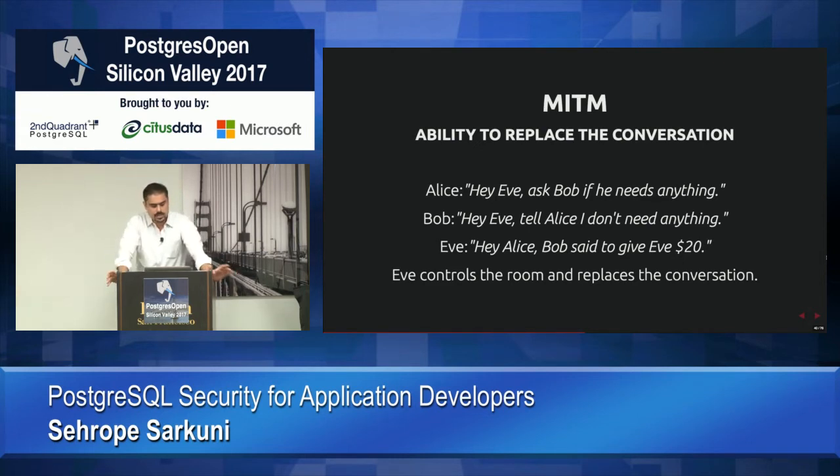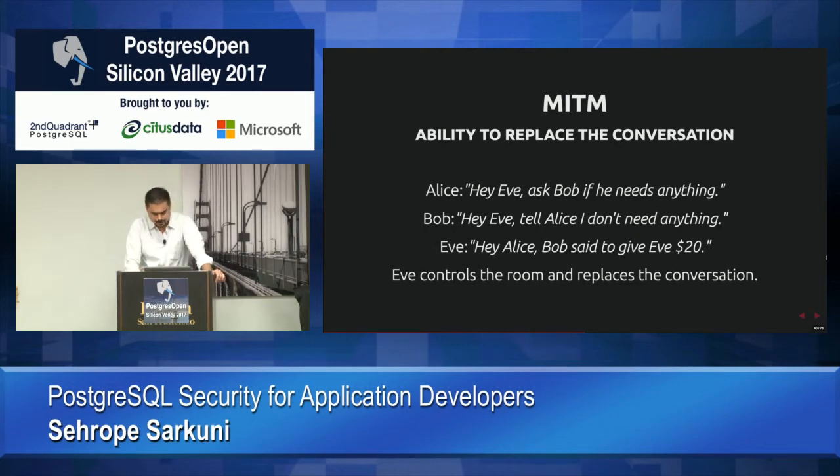Since Alice and Bob aren't directly communicating with each other, they don't know if that message is legit or not. Eve is manning the middle of the conversation. The network equivalent is if you're connecting from your application to your server, instead of the bytes going directly to the server, they go to a third location, which ferrets them back and forth. So the server thinks that the original client connected, but in reality, it's controlling both ends of the conversation.